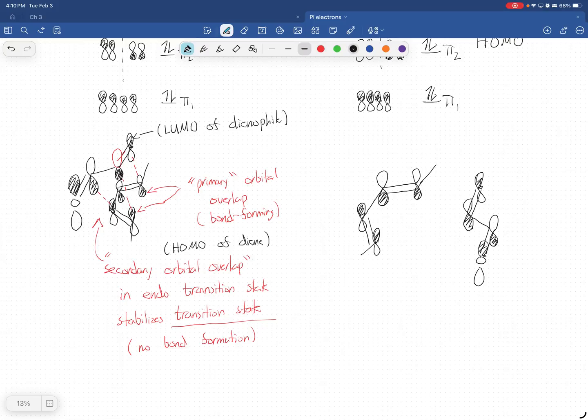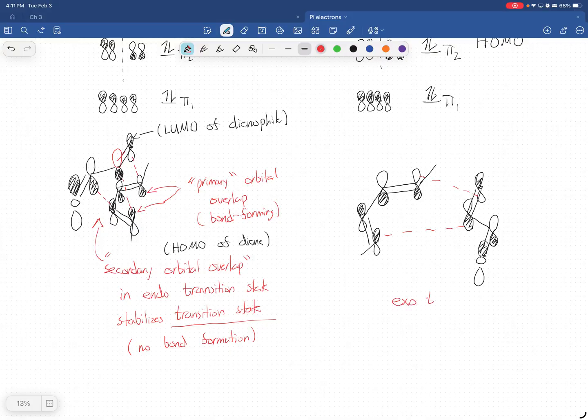All right. So this one is interacting with this bottom lobe. And this bond is interacting with this lobe right here. So those are where the major bond forming events happen, right? That alkene is interacting with both of these double bonded alkene p orbitals.